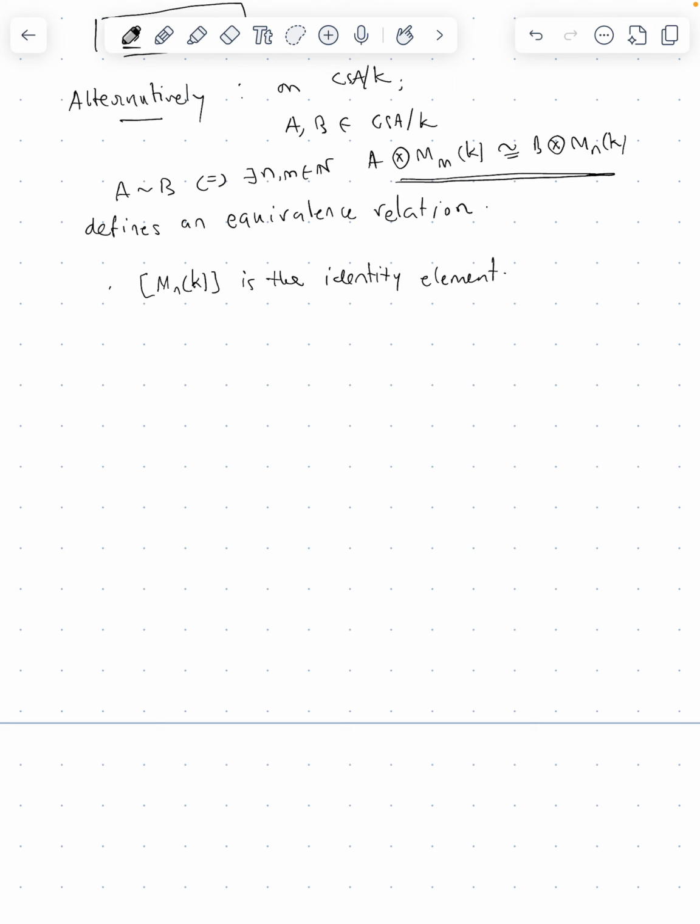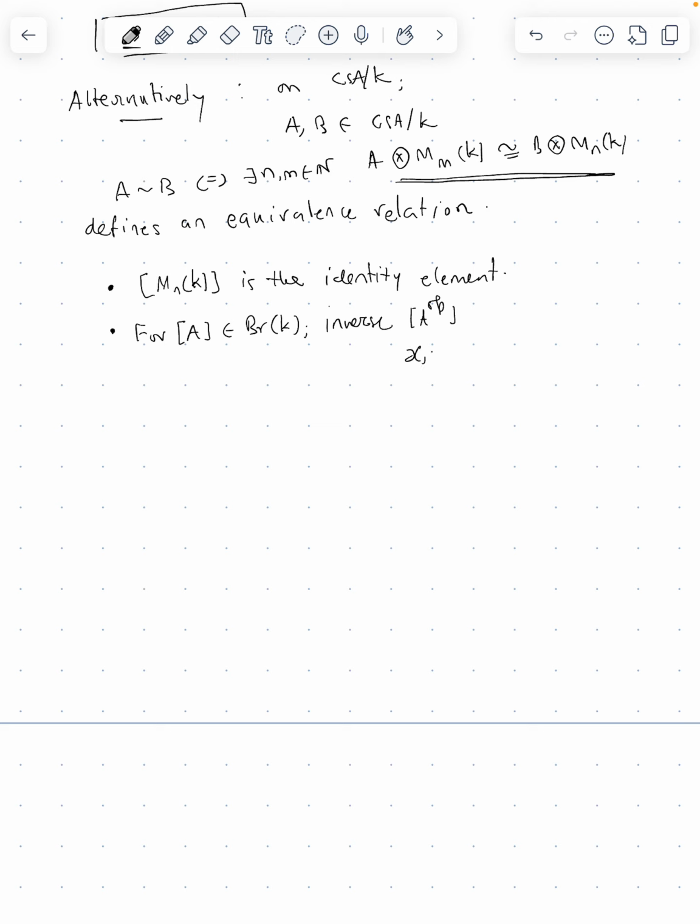Now, secondly, because we are saying it's a group, there has to be an inverse for each element. So for any element, which is an equivalence class, the inverse will be the opposite element. There is nothing but the multiplication operation being reversed.